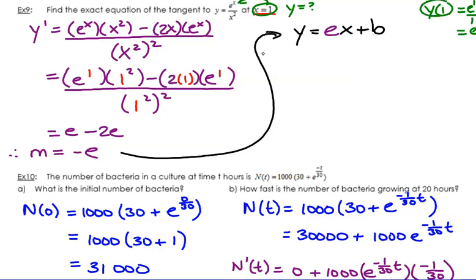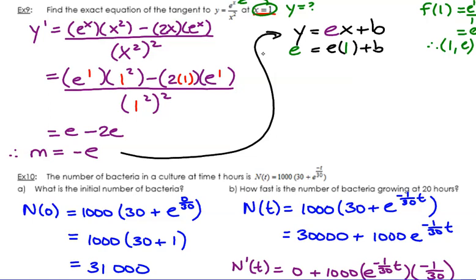This is a really weird way to write it, I'm sorry. All I'm saying is that I'm subbing 1 into the x value of my function. Why am I writing it like that? I should just write f at x or something. Here, we'll go like this. There we go. Therefore, we have a point at 1 and e. So we'll put 1 there and we'll put e over here.